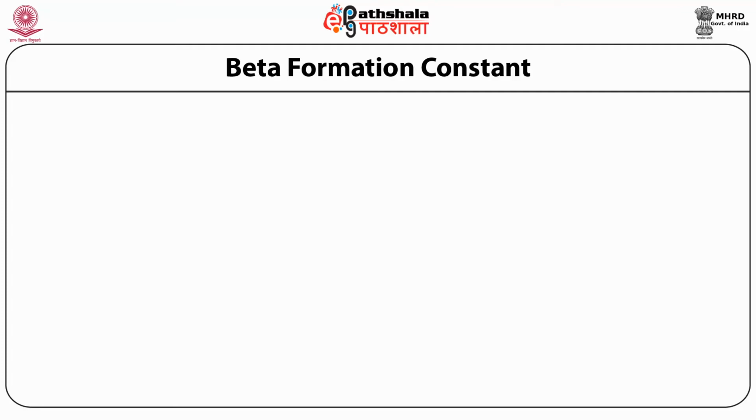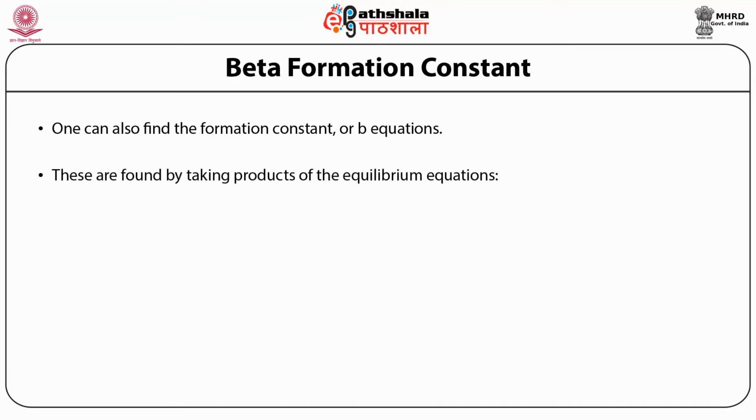Another constant is the beta formation constant. One can also find the formation constant, or beta equations. They are found by taking products of the equilibrium equations. Beta 2 is equal to Ka1 times Ka2, which is equal to [H3O+] squared times [HA2 anion] upon [H3A].